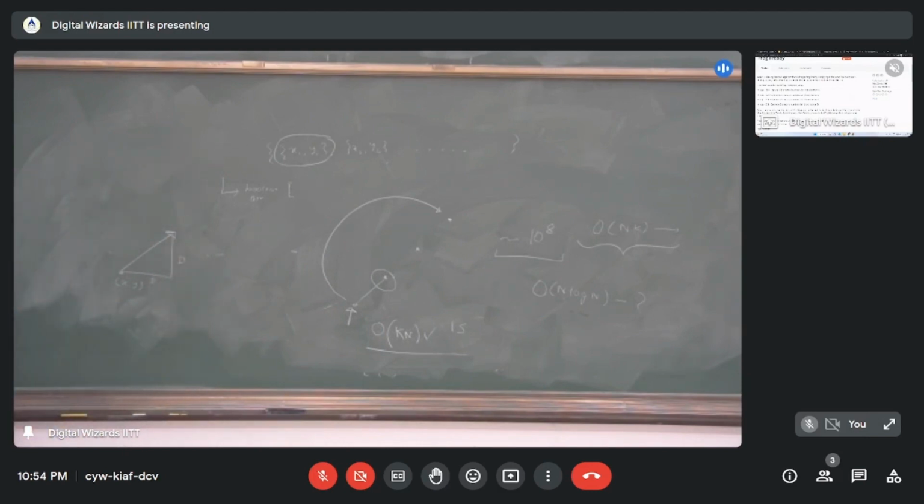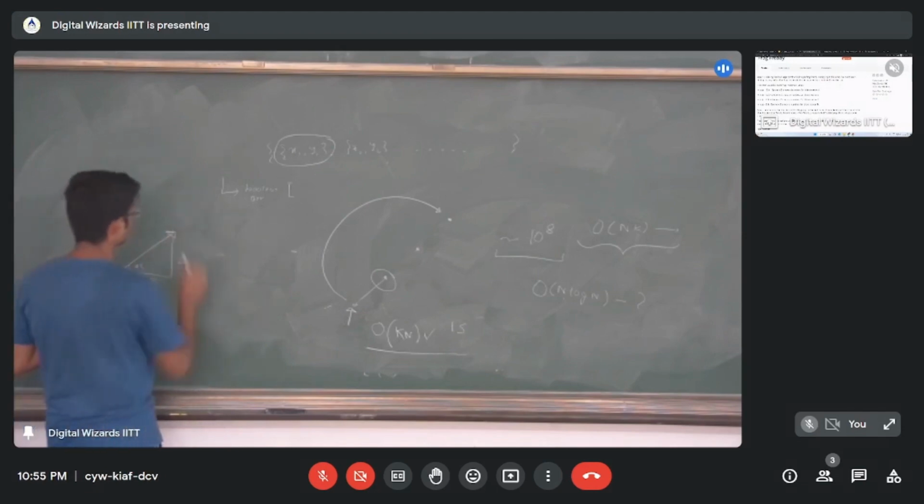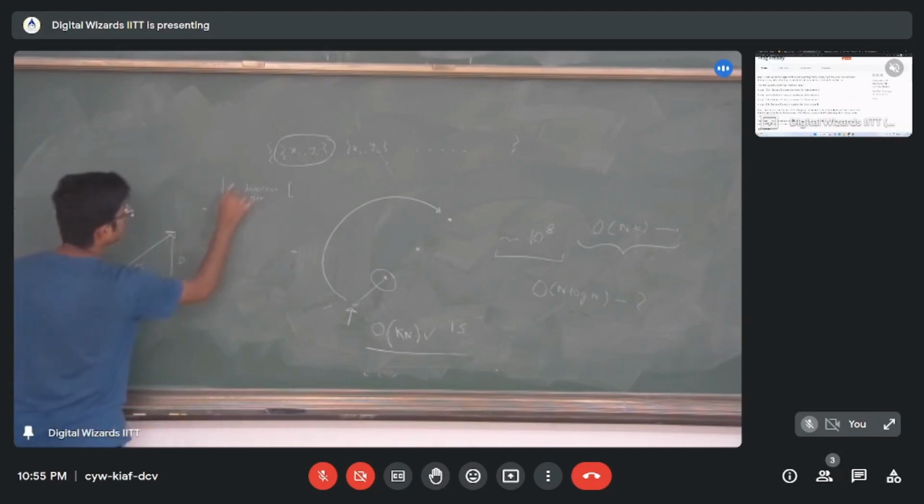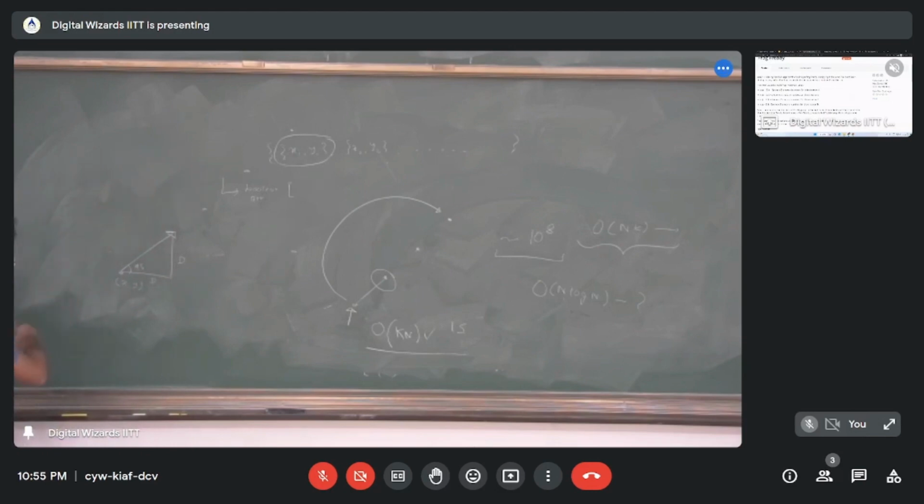So the slope is always going to be 1. To ensure the direction remains this, what do you actually need? Something like all points on this line. You somehow need to store this.